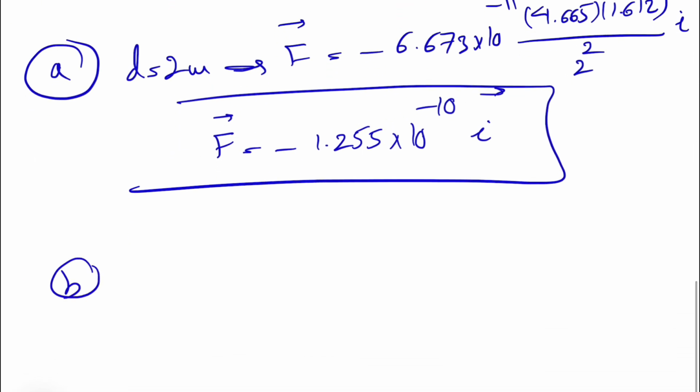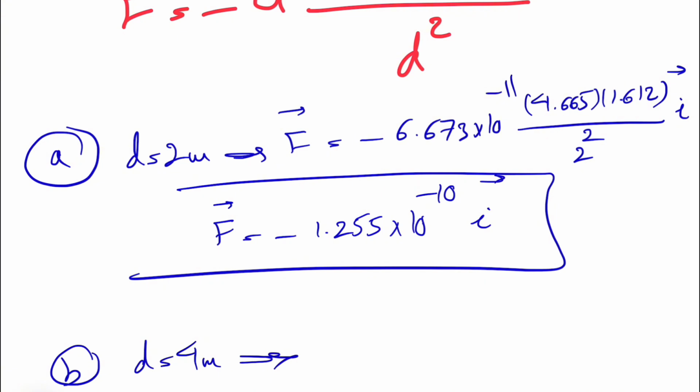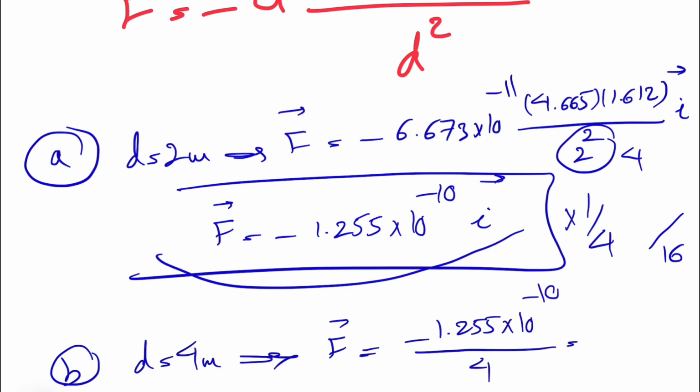When we have our d equal to 4 meter, we'll have the same thing, but our denominator, instead of 4, will be 16. So we can simply divide the F that we found here by 4. Basically we can multiply this by 1 over 4, or 1.255 times 10 to the minus 10 divided by 4.